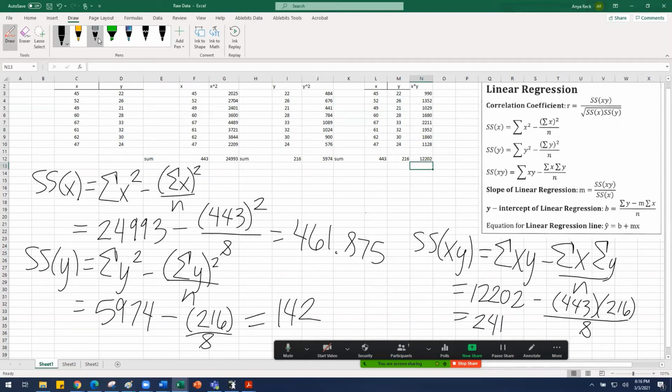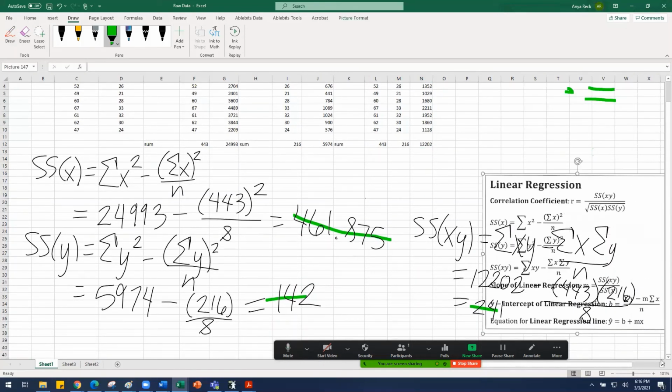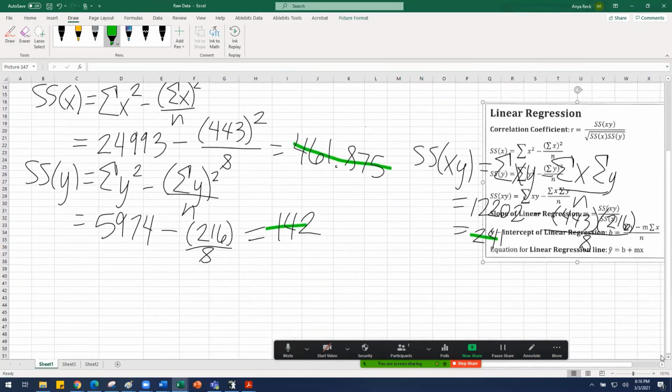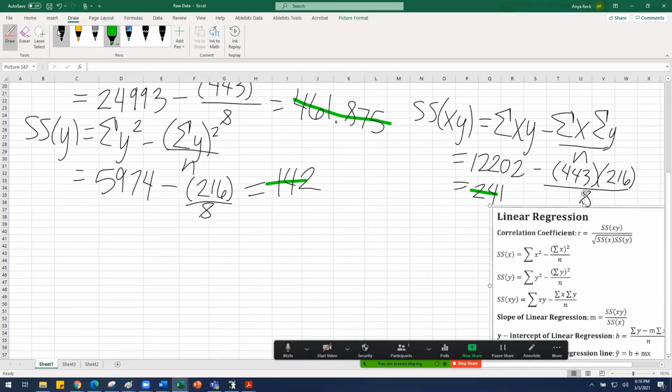Now with these 3 numbers that we found, we're going to plug them into the formula here to find R. So R equals SSXY over the square root of SSX times SSY.